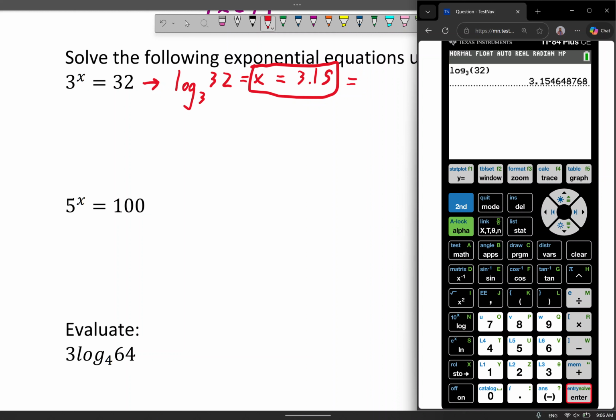But the other way you can do this is, you won't have a fraction button, but what you can do is log of 32 over log of whatever the base was. And it gives you the same answer. Now, I guess for you, you would write it like this.